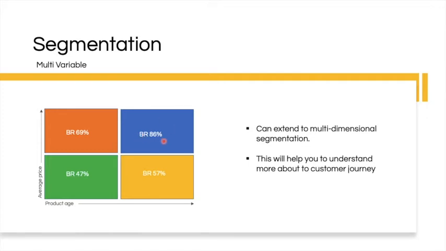So similarly, you can look at combining multiple variables, and you can also extend this to 3 variables, 4 variables, 5 variables, 6 variables, but you need to have some analysis skill in how to do the segmentation if you have more than 2 variables, right?